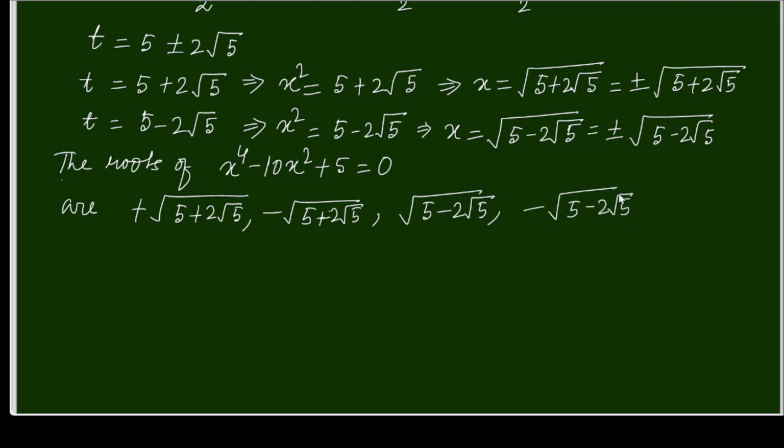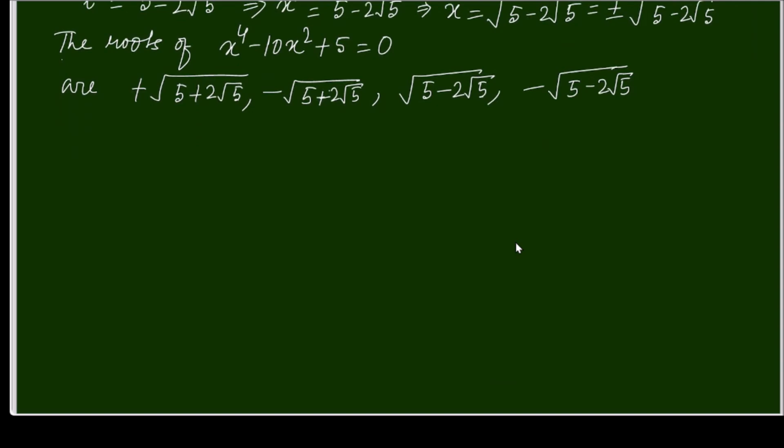Four values are there. Now you have to identify whether out of these, tan 36 is there or not.